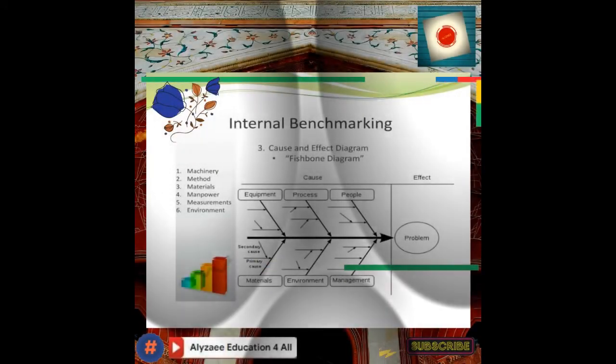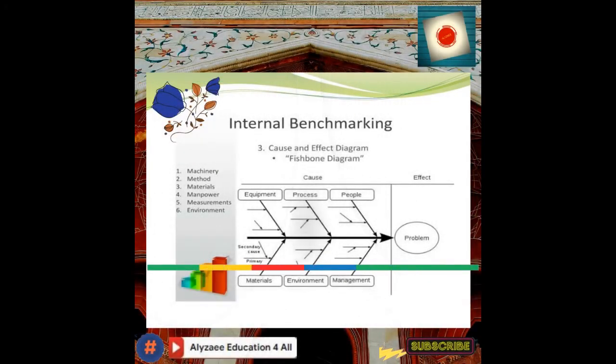Another technique for understanding benchmarking is where we can see the causes and effects, called the fishbone diagram, where we look at the machinery's performance, the method, the materials, manpower, measurements, and the environment, whether it is feasible or not.